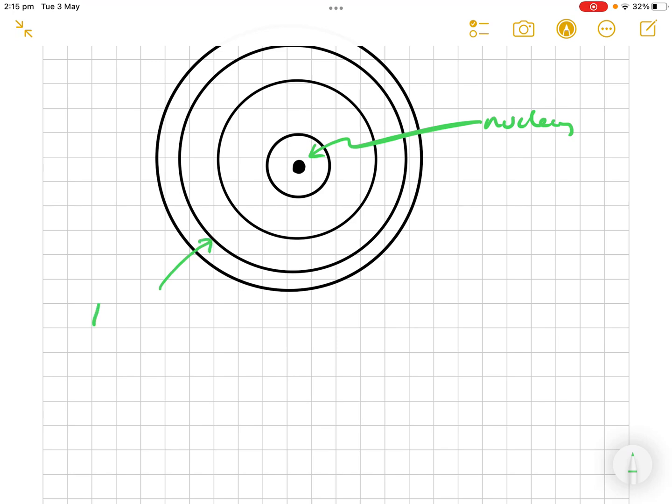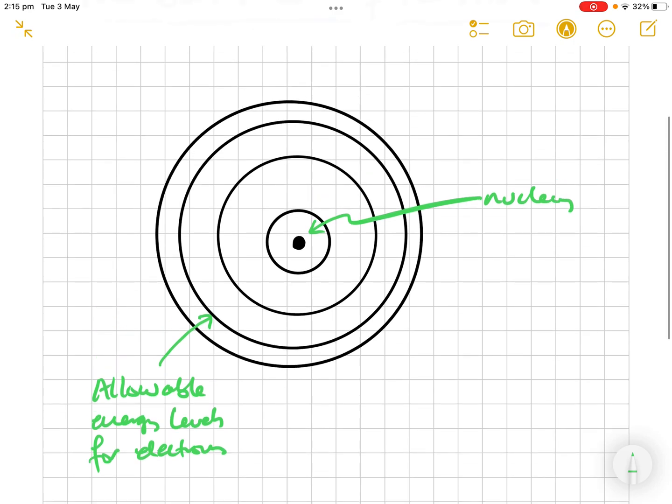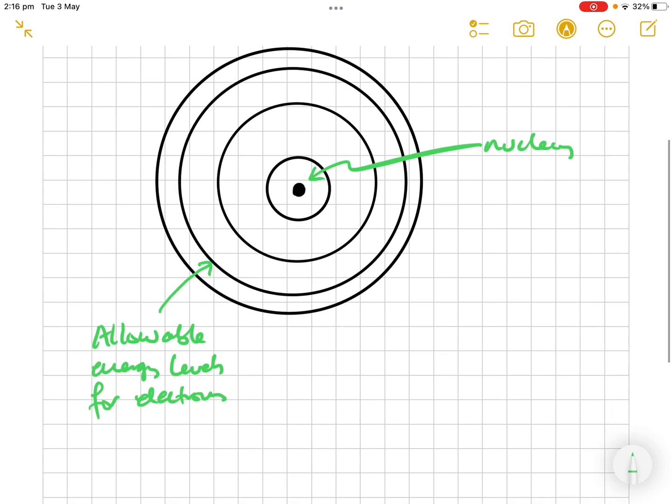And all of these are allowable energy levels for electrons, because as you know, electrons orbit round the nucleus. What Bohr hypothesized was that the electrons orbit round the nucleus, but they can't go anywhere they like. He argued that the rules of quantum physics only allow them to exist in certain energy levels and not between them. And that's quite crucial.